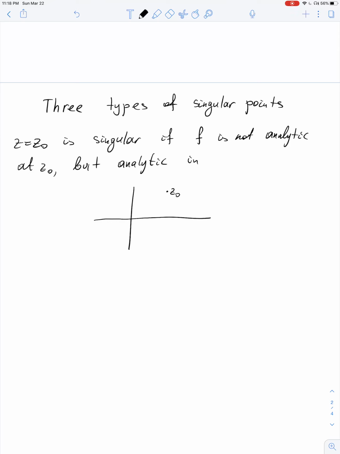So here is z0, analytic in some circle around z0 except for z0. So we erase z0. And if this is the case, then we can expand f in a Laurent series around z0.